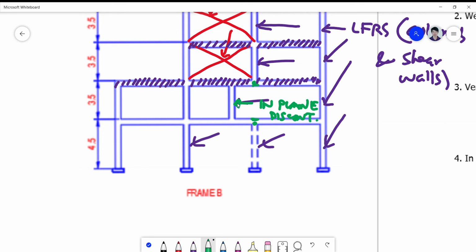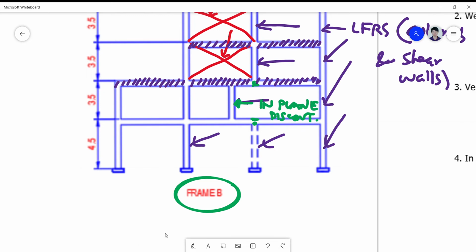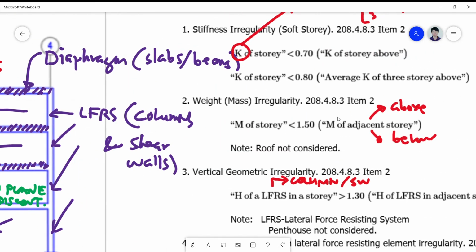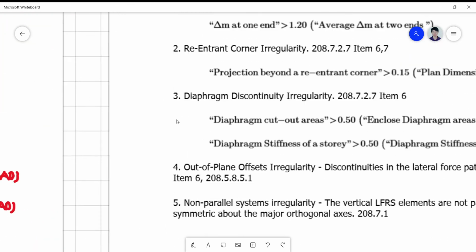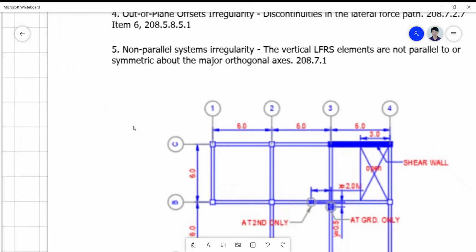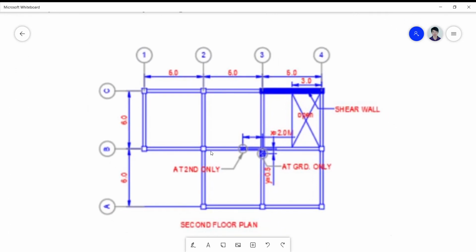Okay, remember that all the columns here must be a part of frame B. So meaning to say that when I cut the section here, I actually get that section from this plan. So if I cut a section, that's frame B here. The column that I'm actually referring to is this column. So it must be a part of this frame, starting from your module B here up to the end.